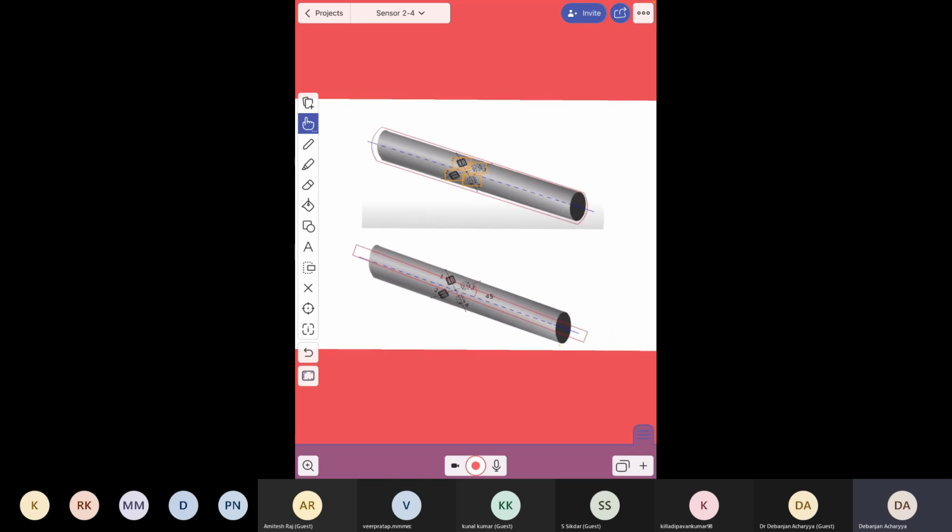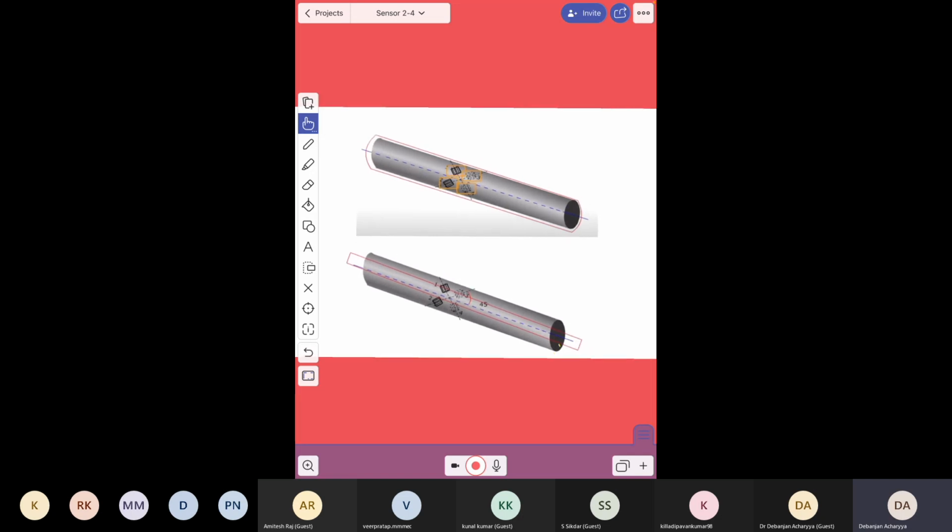As I told you, the shaft is rotating. If you see this carefully, the strain gauges are placed at 45° to the axis of rotation. All the strain gauges are placed at 45-degree angles, right?